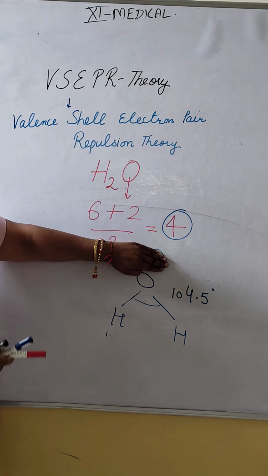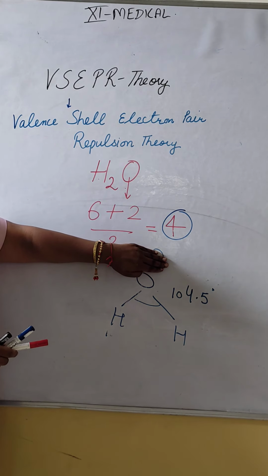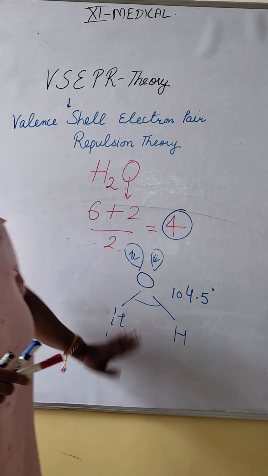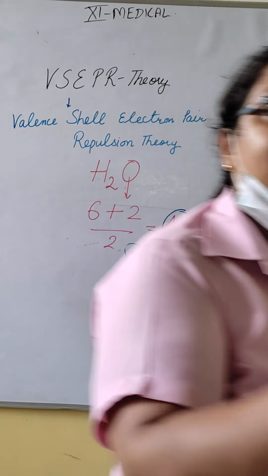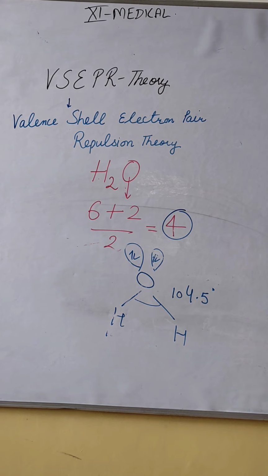Yes, V for vase. So the shape is V shape or bent shape. If you remember, in the first class I asked the same question: why H2O is bent in shape and why CO2 is linear in shape, although both contain the same number of atoms. Now is it clear?